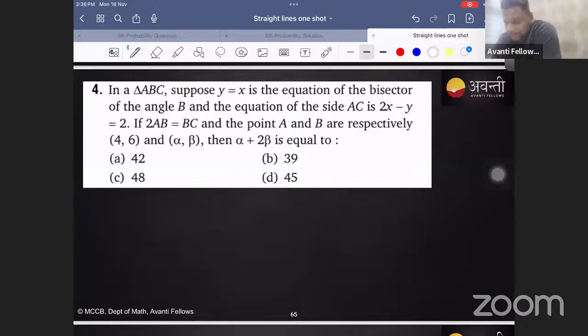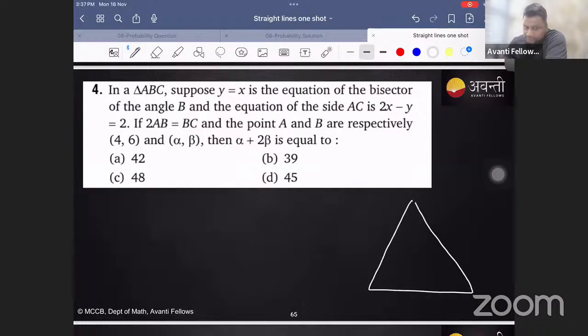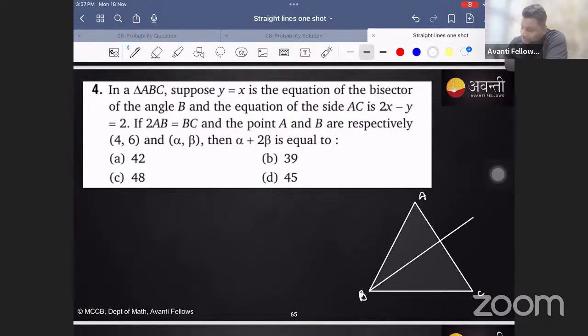Now see, in a triangle ABC, y equals x is the bisector of angle B. The equation of the side AC is given as 2x minus y equals 2.